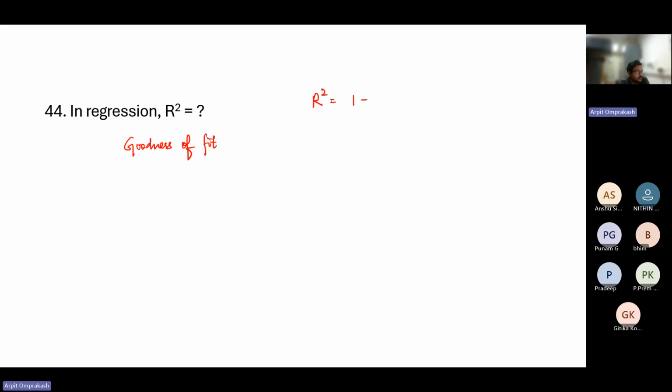Yes, it's 1 minus SSE by SST or SSR by SST, where SST is sum squares total, SSE is sum square error, and SSR is sum square regression.